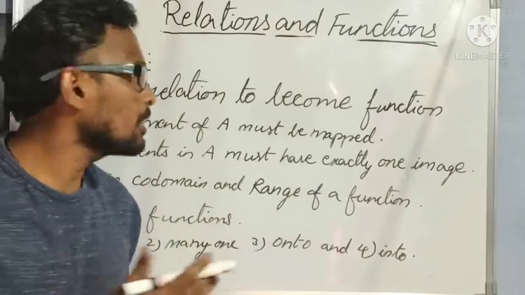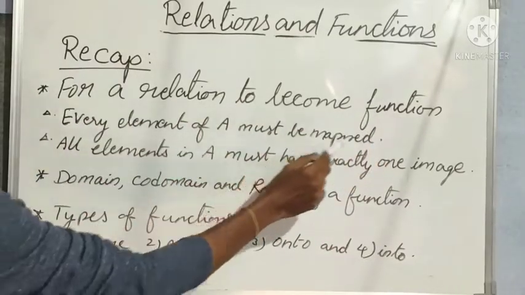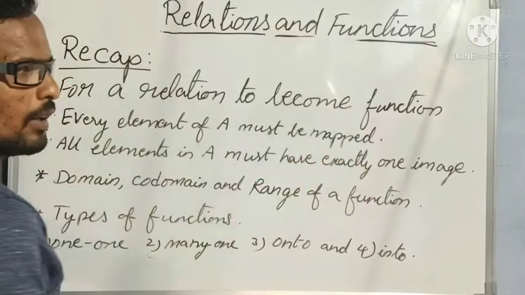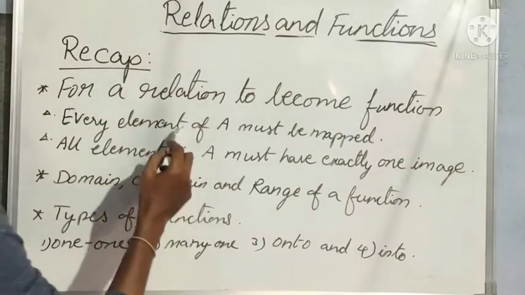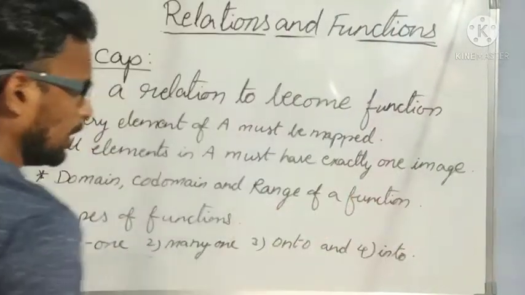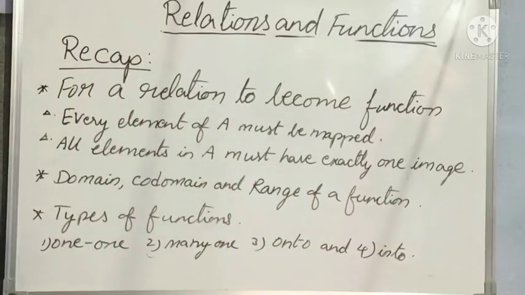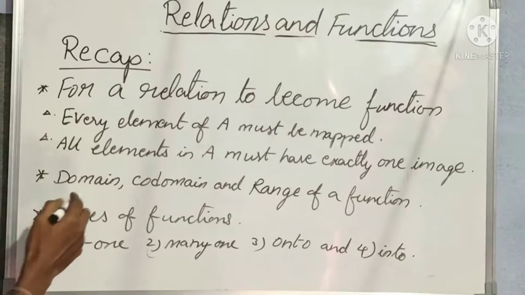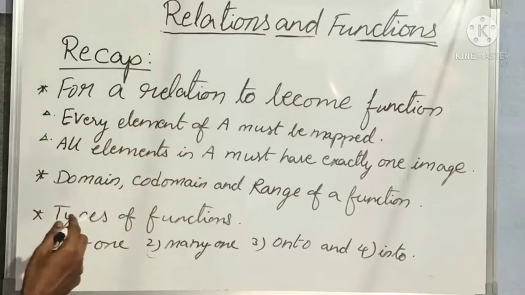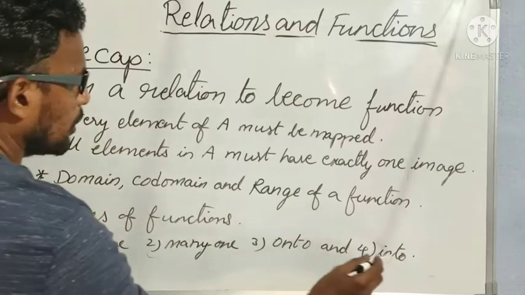For a relation to become a function, every element of A must be mapped, meaning for every element of A there must be an image in B. Next, all elements in A must have exactly one image, meaning for every element of A there must be exactly one image in B. Next, domain, codomain and range of a function. These we have also discussed. Next, types of functions: one-one function, many-one function, onto and into functions.